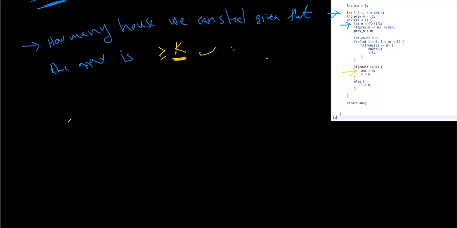So for every middle, assume we have this array 1, 2, 5, 4, 7, 8, 3, and let's say L equal 1 and R equal 10, and we have K equal 3.